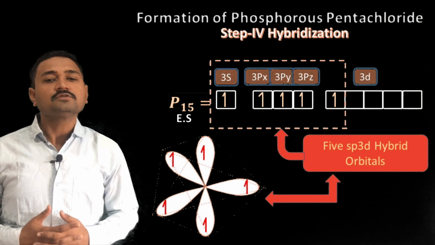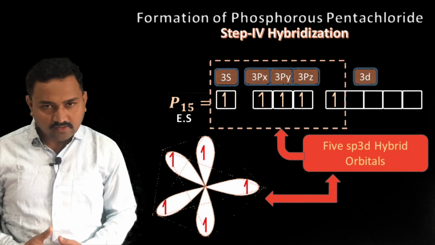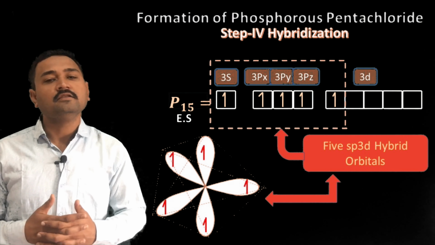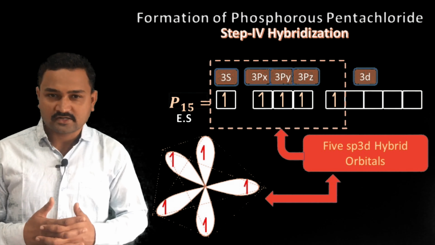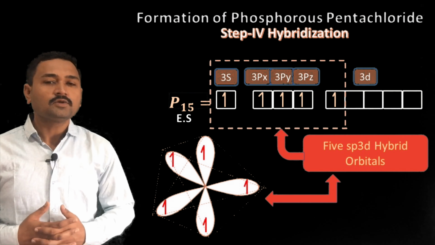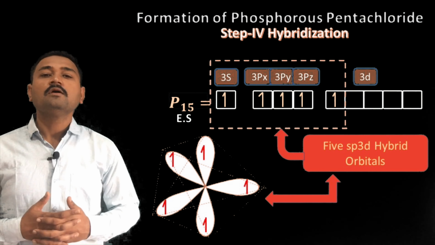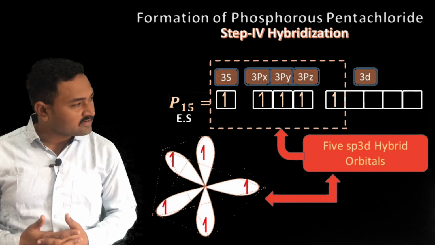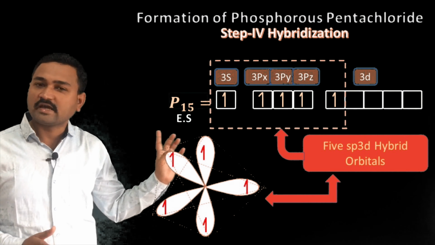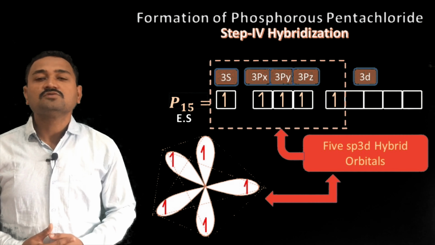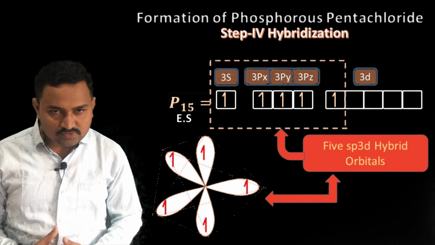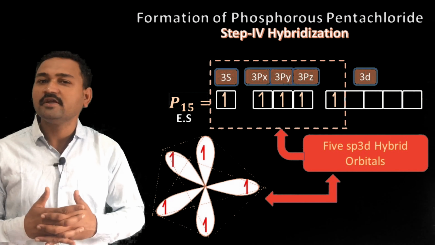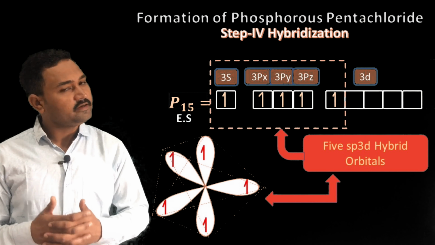Out of the 5 sp3d hybrid orbitals, 3 sp3d hybrid orbitals lie in one plane in an equilateral triangle, while the remaining 2 sp3d hybrid orbitals lie above and below, perpendicular to that equilateral triangle, which I have shown in this diagrammatic representation. So this is a simple hybridization process, in which we obtain 5 sp3d hybrid orbitals of equivalent nature.